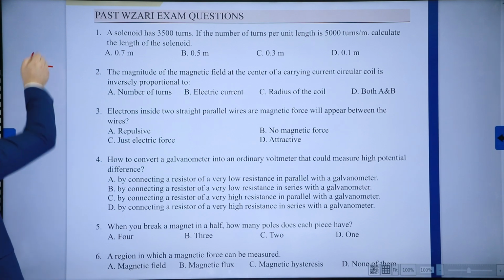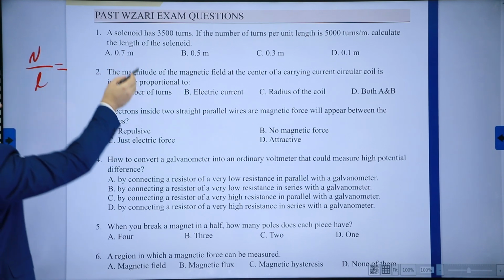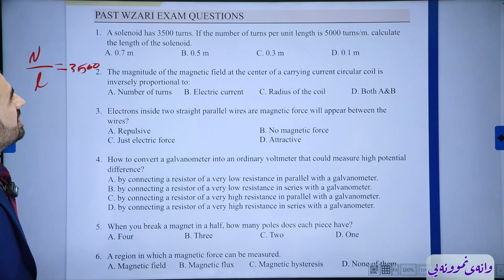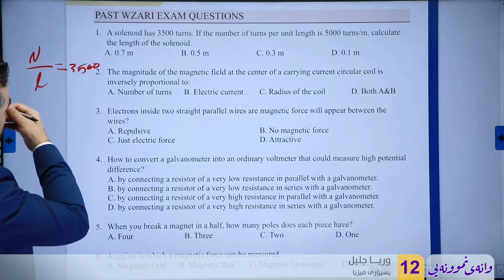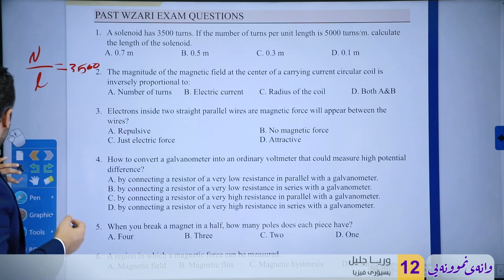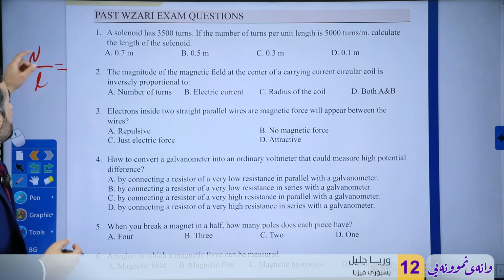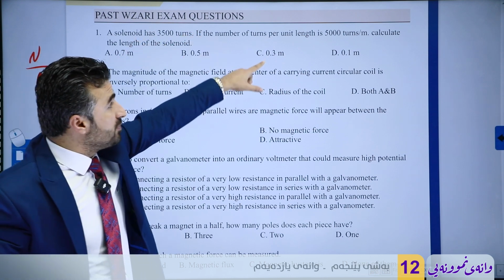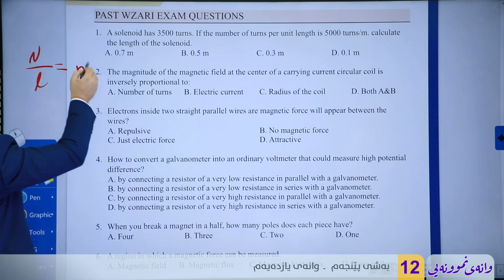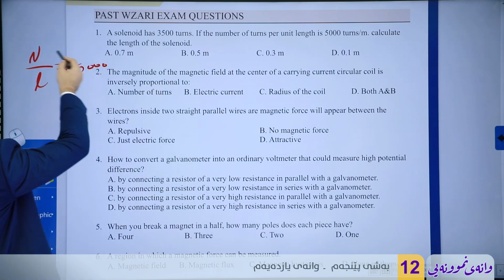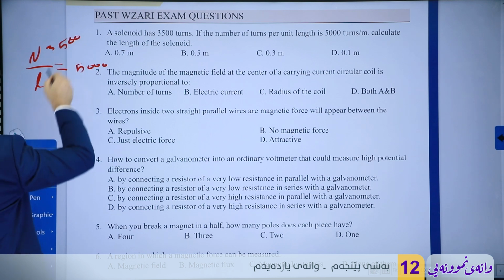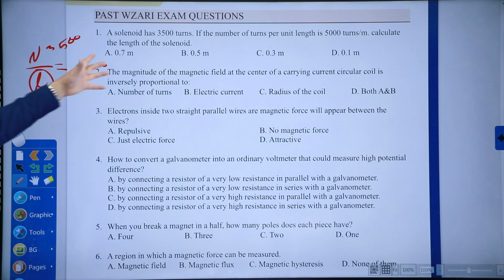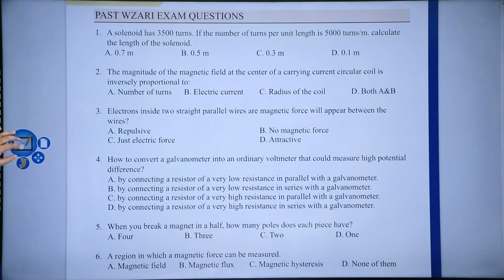So the number of turns per unit length is 5,000, and the number of turns is 3,500. Can you find the length? Yes, of course, you do the math and you'll be able to find the length, and that's it.